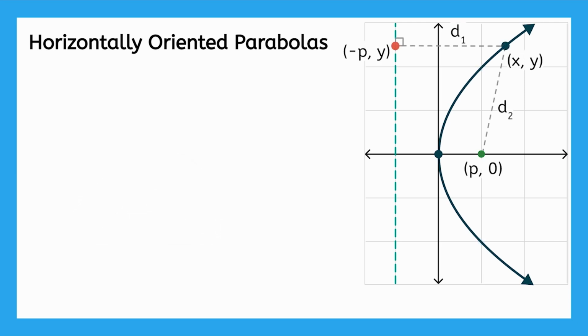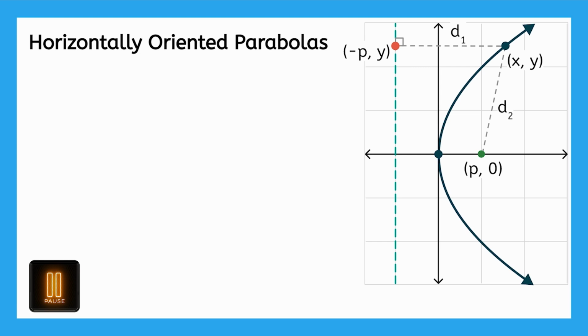Now that you've seen a horizontally oriented parabola, let's figure out what the equations for horizontal parabolas look like. How might the equation for a horizontal parabola differ from or be similar to that of a vertical parabola? Make a prediction, then find the section in your guided notes titled Horizontally Oriented Parabolas to derive the equation, just like we did for the vertical one.